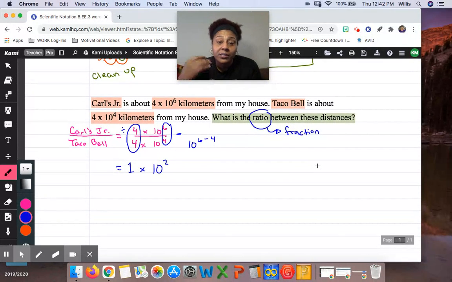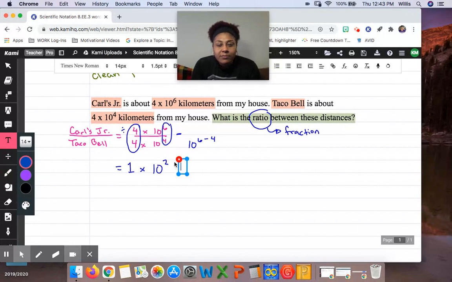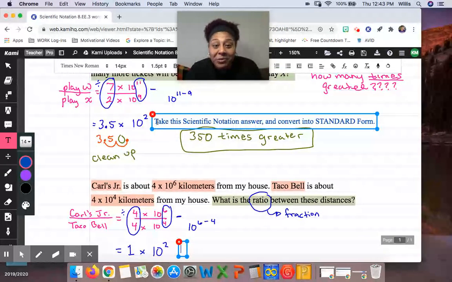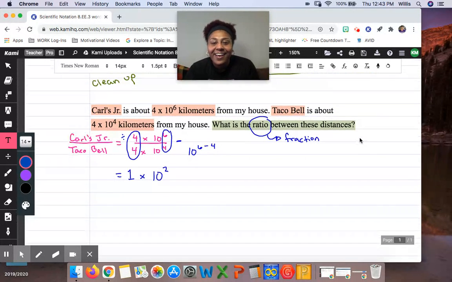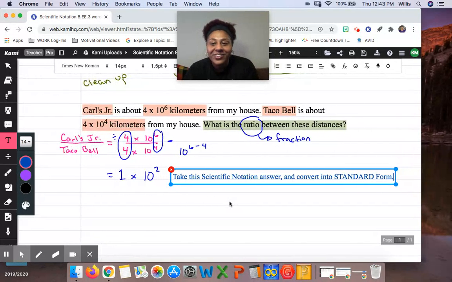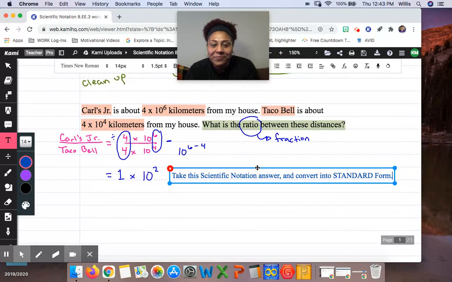So that means clearly we need a numerator and a denominator. So again, I'm just going to copy what I said here. Take this scientific notation answer and convert it into standard form.